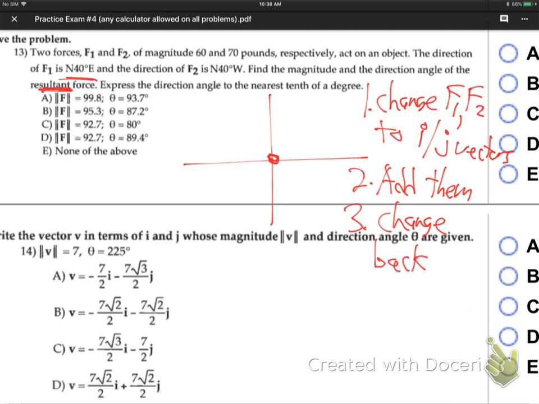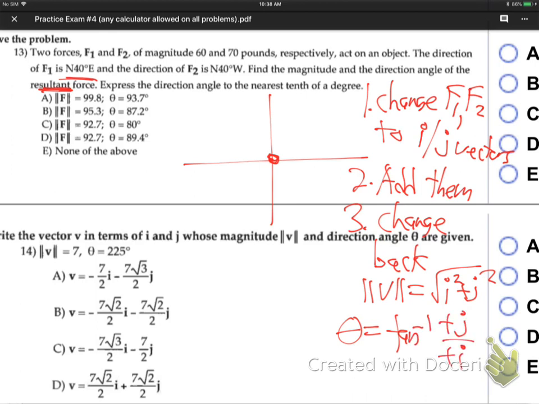Change back: magnitude of the vector is square root of i squared plus j squared, and angle theta is inverse tangent of j over i, but then reference angle and quadrant, all that stuff we talked about. So there's the 3-step game plan. Step 1, change F1 and F2 to ij vectors. Step 2, add them. Step 3, change them back to magnitude and angle. Those are the 3 steps required.